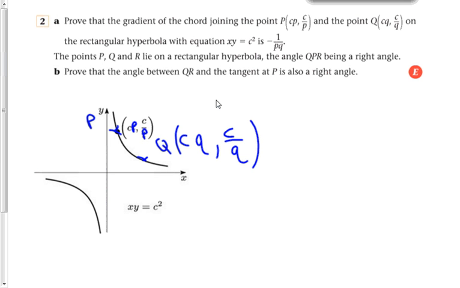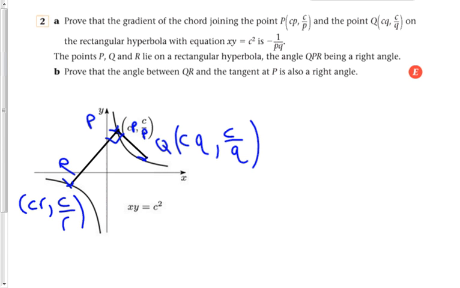So if I say that R is about here, then the angle QPR is a right angle. Just tidy that up. And again, R would have the coordinates (cr, c/r).